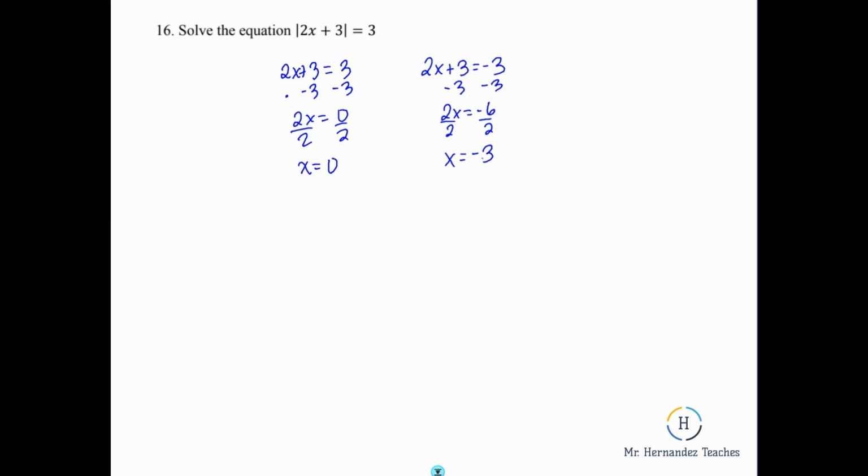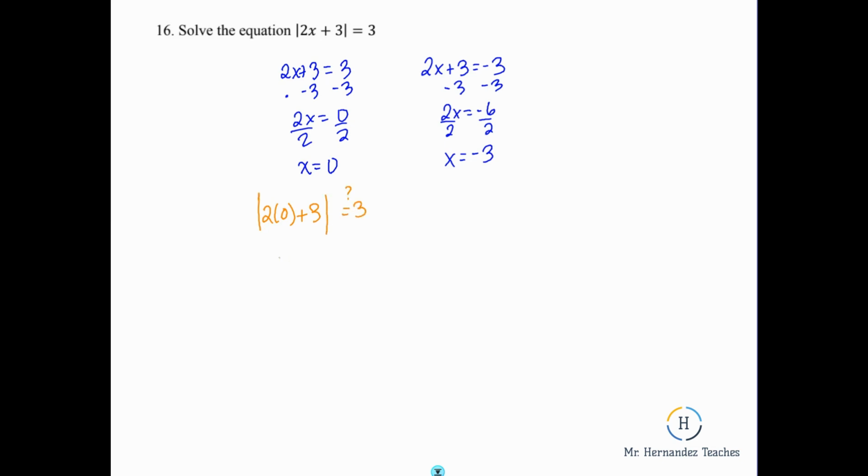And now we want to go ahead and check those solutions. Always check, even if it doesn't say, always check. So 2 times 0, that looks weird. Eraser. There we go. So 2 times 0 plus 3, the absolute value of that, does that equal 3?